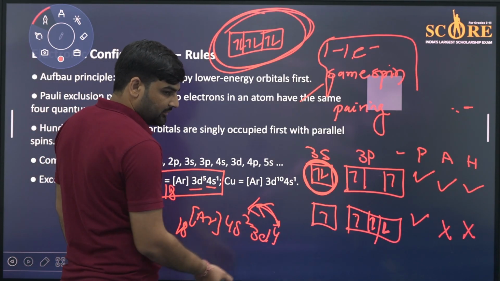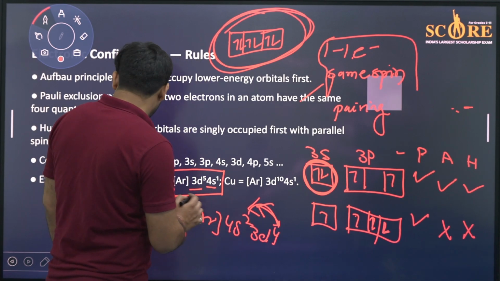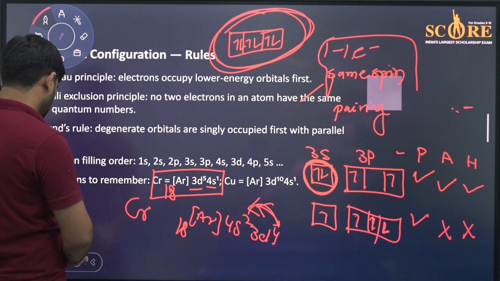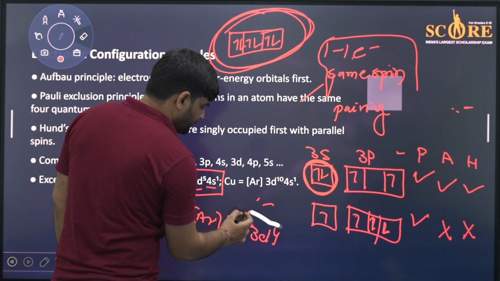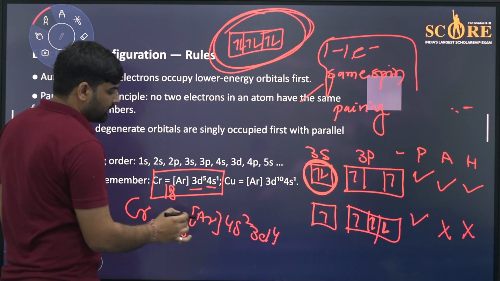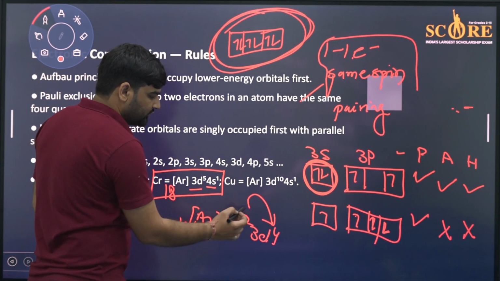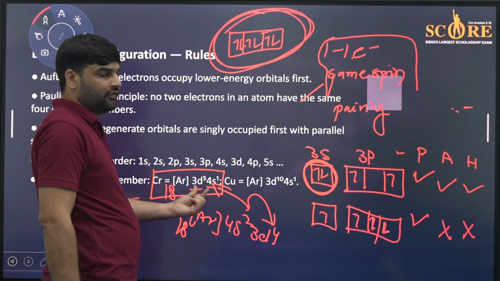Sorry, what I am saying is that in d there are 4 electrons. If this electron goes to this, then this configuration can be achieved. This is a half filled configuration.